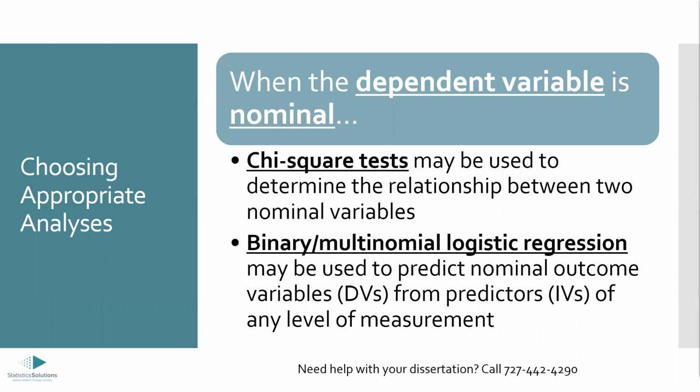The binary logistic regression we would use if there are only two categories of our dependent variable. And then the multinomial logistic regression would be used if there are more than two categories. And again, the predictors in these regressions can be any level of measurement, but we have to use these regressions when our dependent variables are nominal.